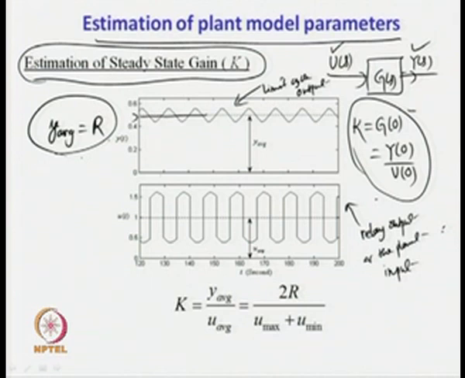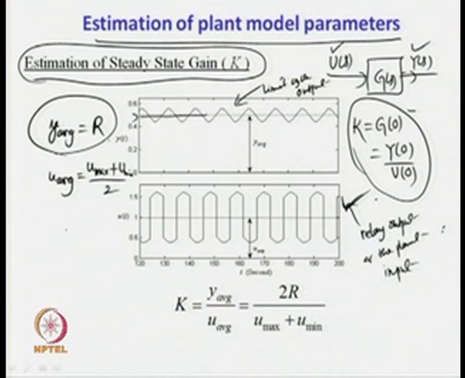Now, we obtain a typical relay output of this form, or the plant input of this form. So, how to find the average value of that signal? I can use the expression u average is equal to u max plus u min divided by 2. This is how you find the average of any signal easily.